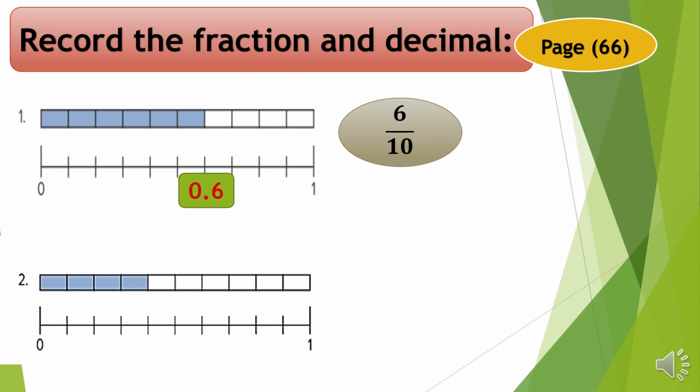So the number now will be 0.6. Number 2, we have 4 colored parts from 10, so the fraction will be 4 over 10, and in decimal form count 4 dashes after 0. 1, 2, 3, 4. So it will be 0.4.